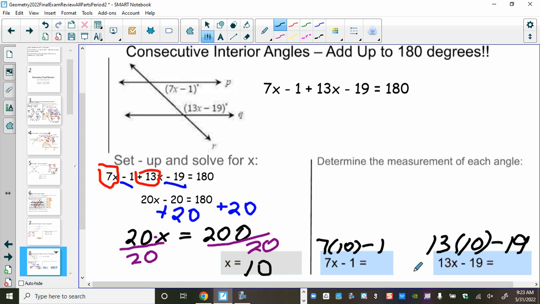And what did we get for our angle measures? What were the two numbers? Anybody have them? Perfect. Thank you, Andrew. Good job. 69 and 111. And make sure they add up to 180.